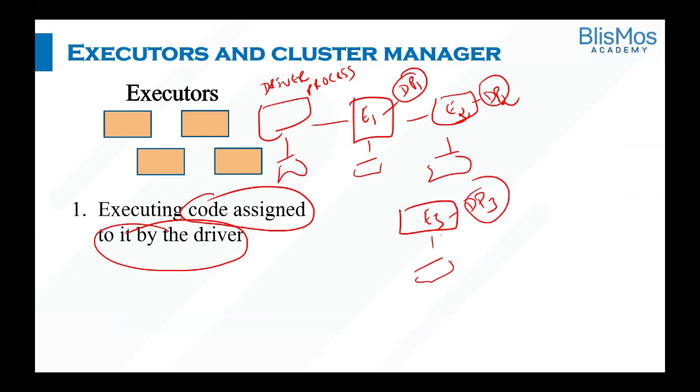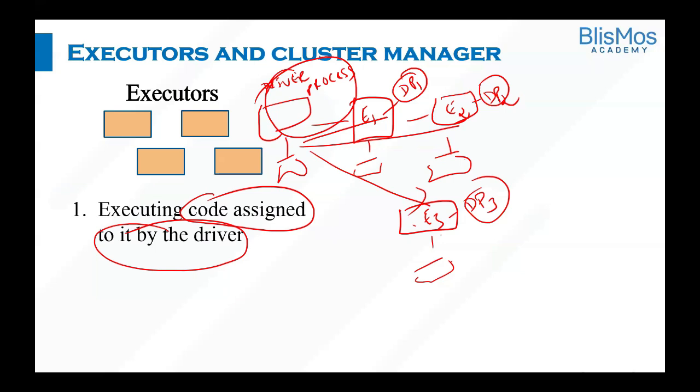Now when you install Spark, you have a driver process, and executors are there in all the different nodes. The driver process distributes the work to the different executors which are there in the different systems in a cluster.